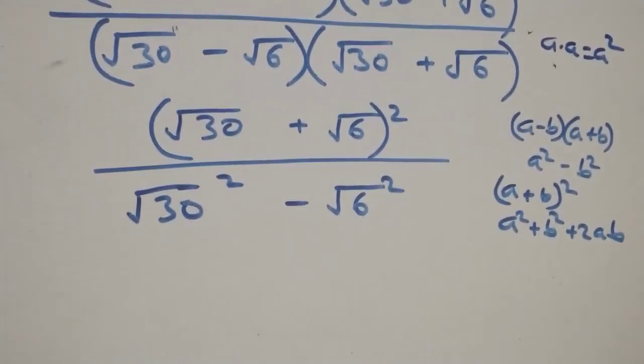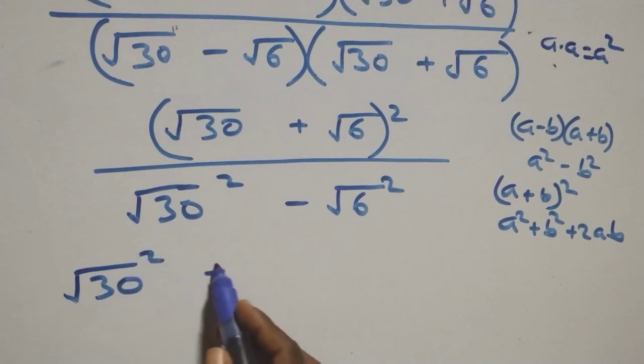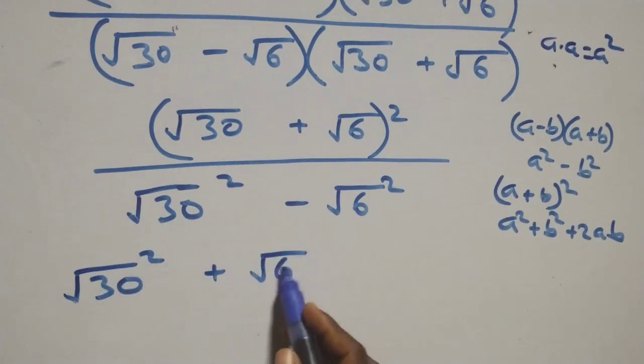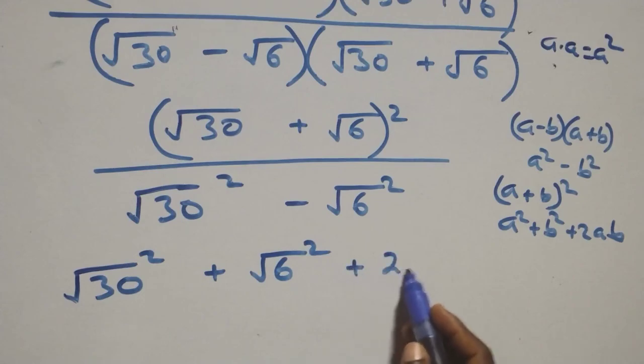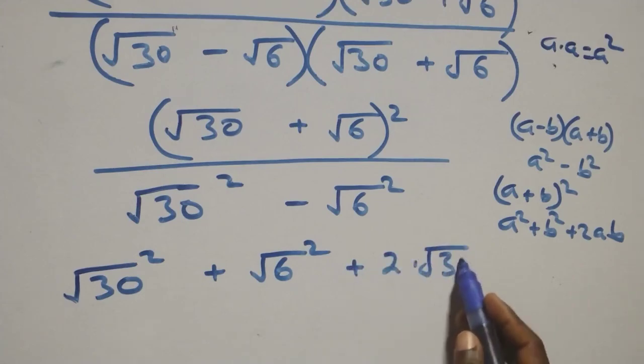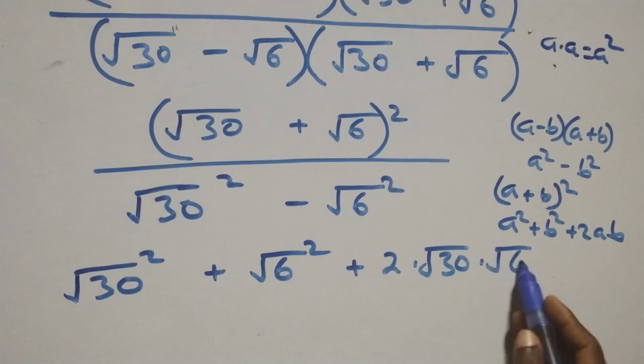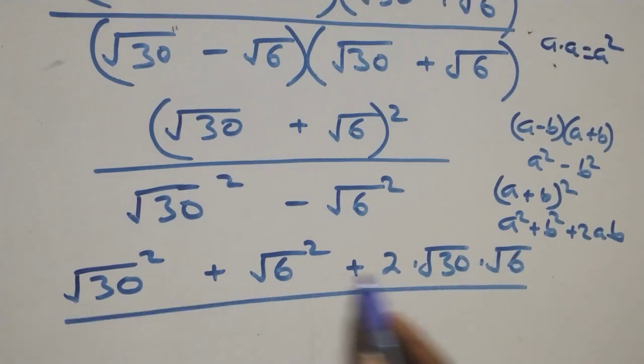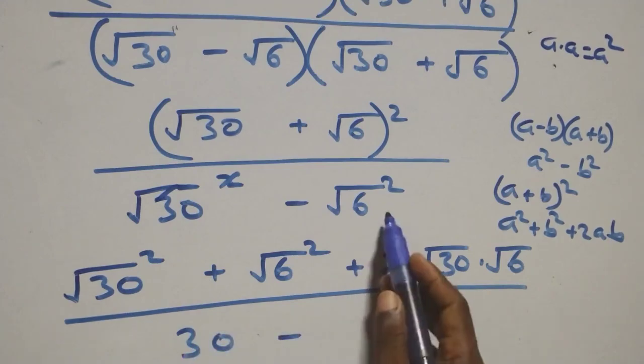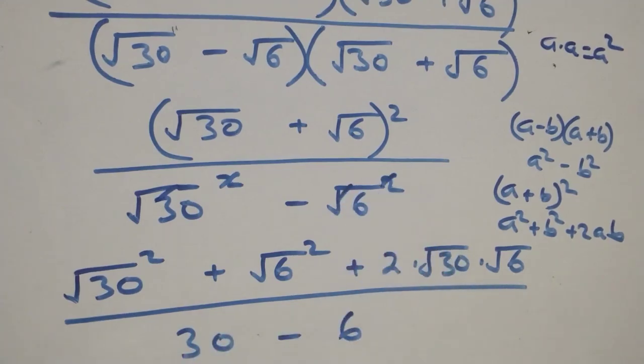That is, here we have root 30 square plus root 6 square plus 2 times root 30 times root 6 all over. Here square cancel square root. We have 30 minus also square cancel square root, that's 6.